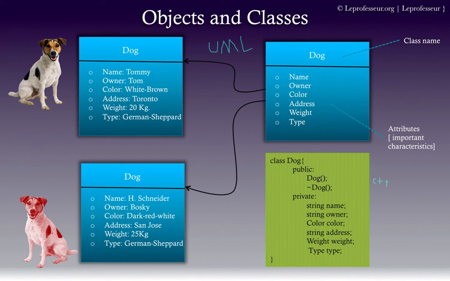The basic idea here is that private members means that the objects of this class are the only ones going to access the private members. Okay. So they may have different properties.